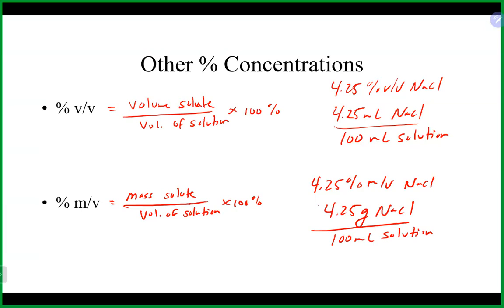You could also plug and chug into these equations as well. But if you want to take a more dimensional analysis approach, if you're given the percentage, either percent mass to mass, percent volume to volume, or percent mass to volume, doing it more like a conversion factor is very helpful. For these last two, you probably don't have to be too careful about the bottom part. More so, it's really that first one, the percent mass to mass.